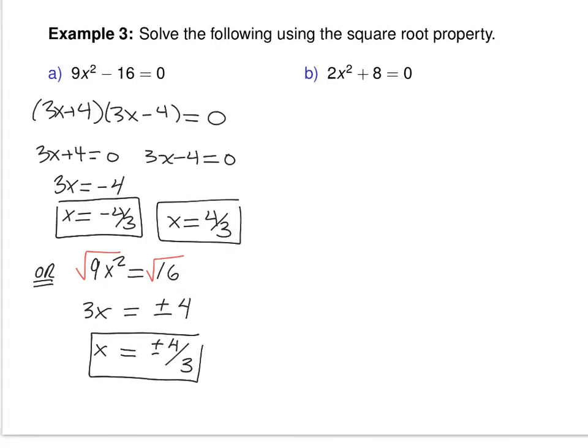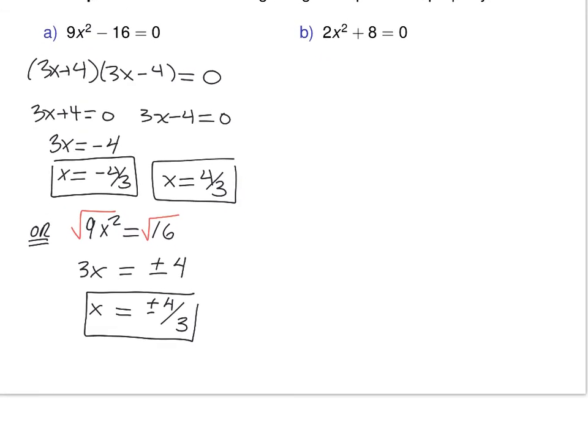If you did have plus minus 3x, you'd have to solve 3x equals positive 4, 3x equals negative 4, negative 3x equals positive 4, and negative 3x equals negative 4. And a couple of them are redundant. The answer you get from this bottom one is the same as that one. So you only need it on one side. Good question, though.